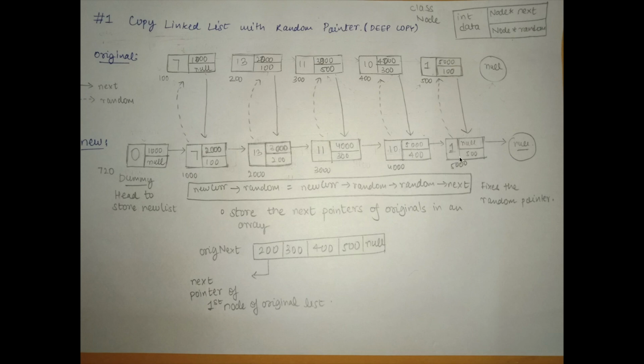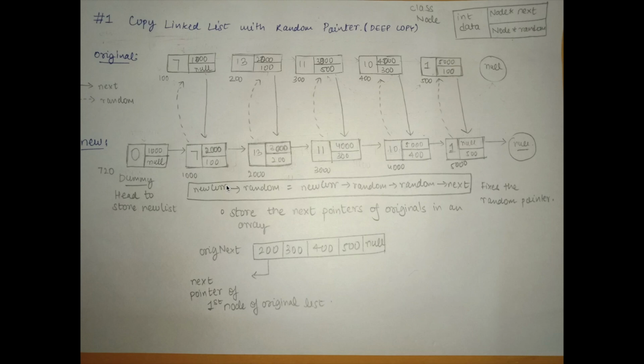So the random pointer should point to 5000. So the new cursor visits here and tries to set its random. The new cursor's random is this, the corresponding node in the original list. Let's visit its random, we'll go to the last node, and then visit its next, which is 5000. So the new cursor's random is going to be 5000.